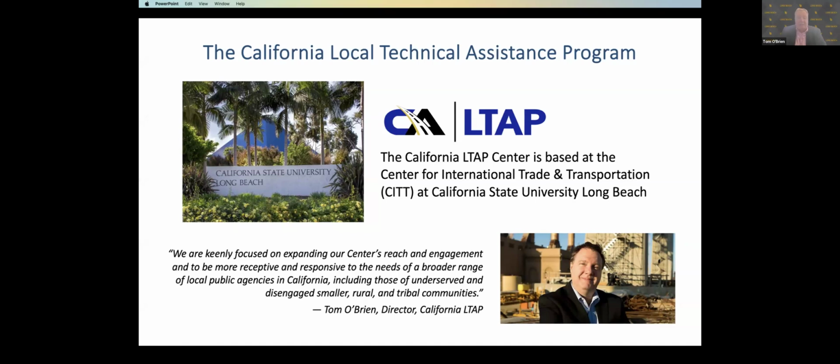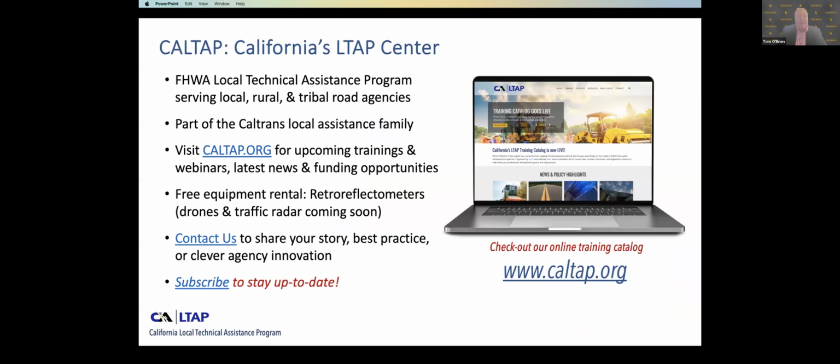The California LTAP Center is based at the Center for International Trade and Transportation here at California State University, Long Beach. Our center's mission is to be responsive to the needs of local agencies and state government in California with regard to transportation.